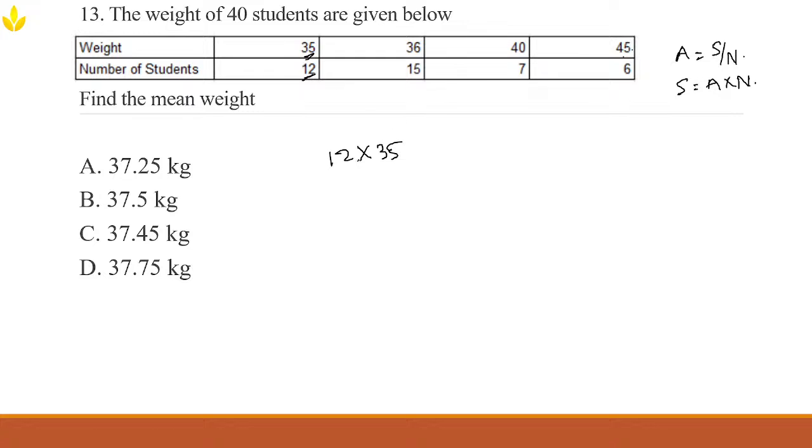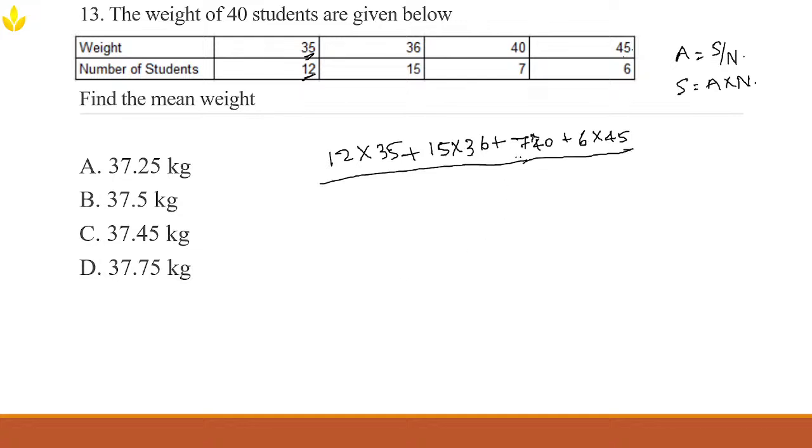So 12 into 35 plus 15 into 36 plus 7 into 40 plus 6 into 45, that will be totally divided by the total value.